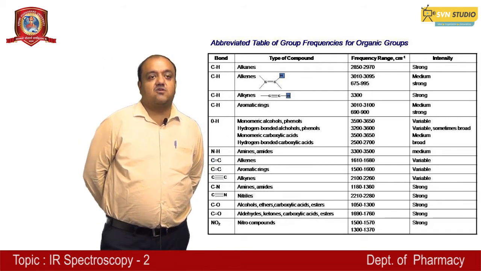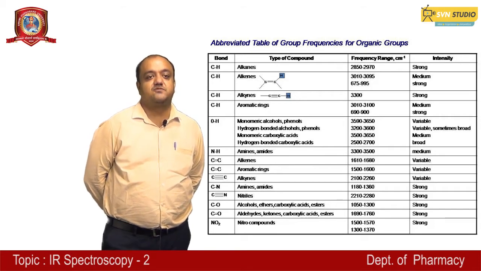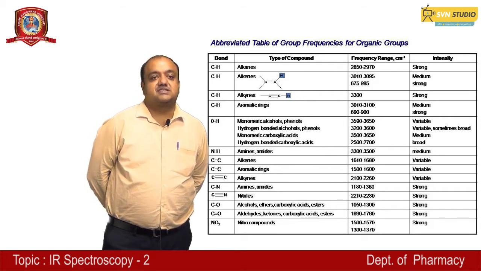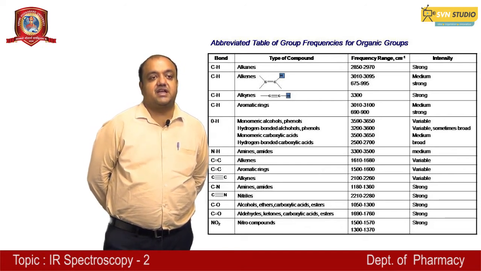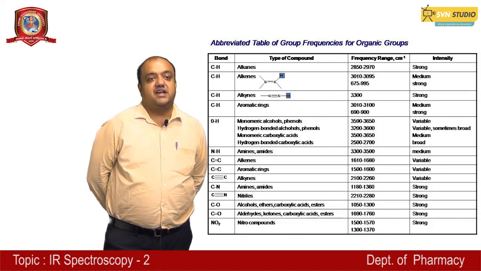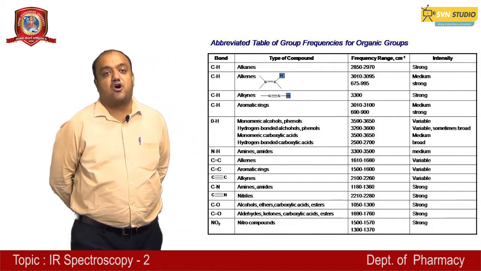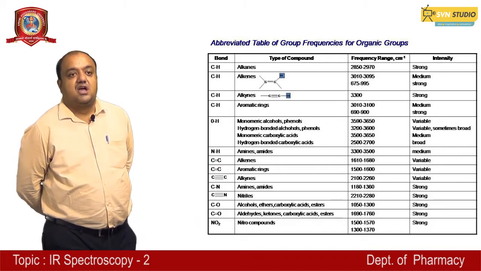In monomeric alcohols and phenol, absorption is at 3590 to 3650 with variable intensity peak, and hydrogen bonded alcohols and phenols absorb at 3200 to 3600, variable and sometimes broad.